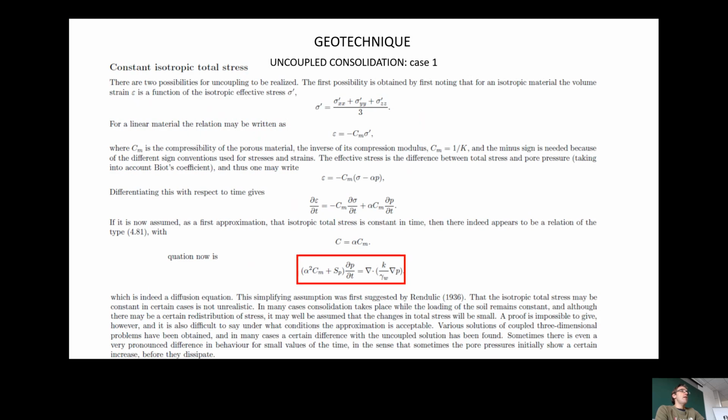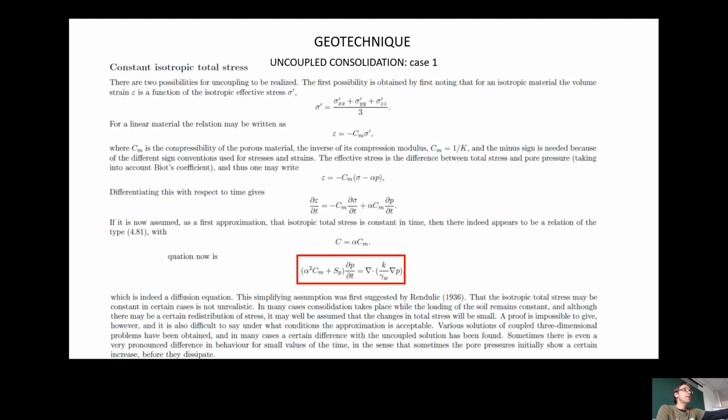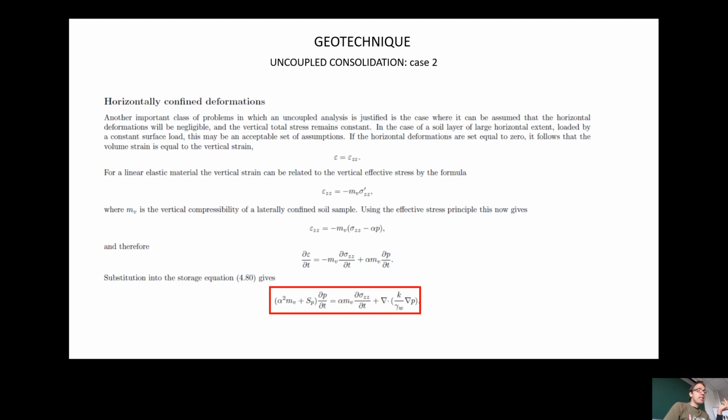So this was the uncoupled consolidation case 1, in case of a constant isotropic total stress. We can see a second case, which is another class of problems in which the uncoupled analysis is justified: the case of negligible horizontal deformations and constant vertical total load.